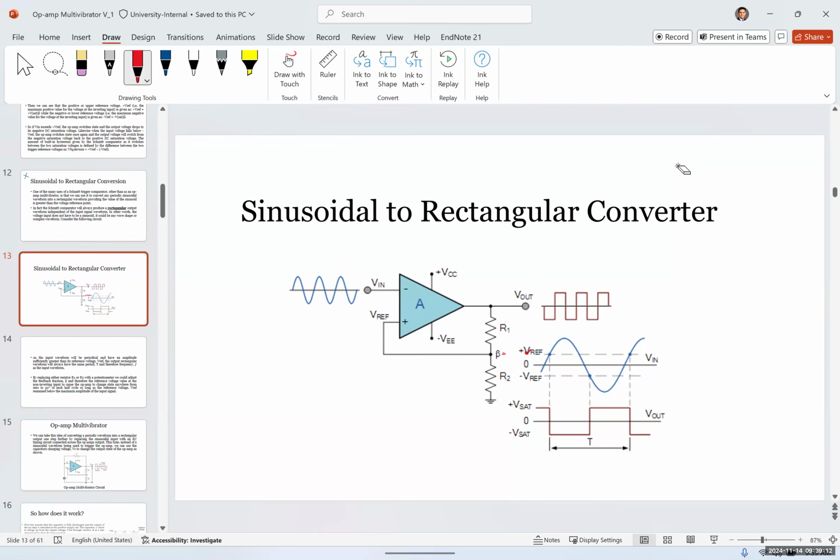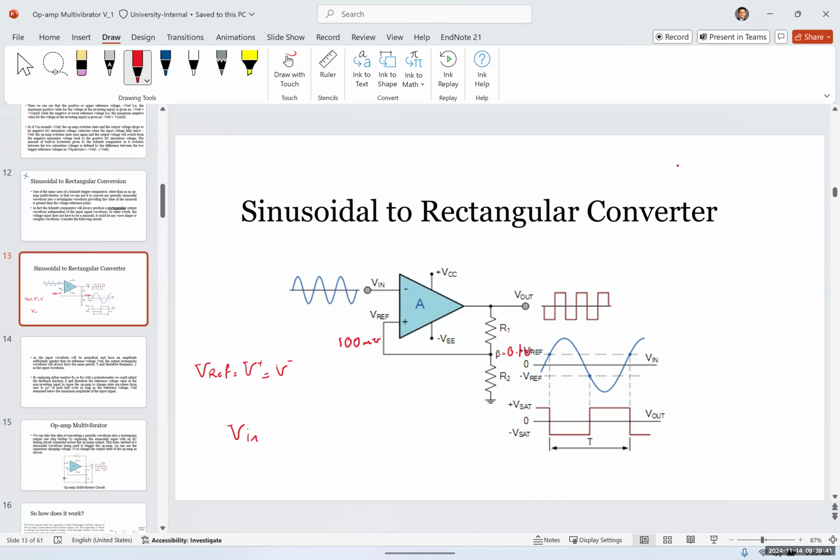We know that for an ideal op-amp, V reference, which is V positive, would be equal to V negative.